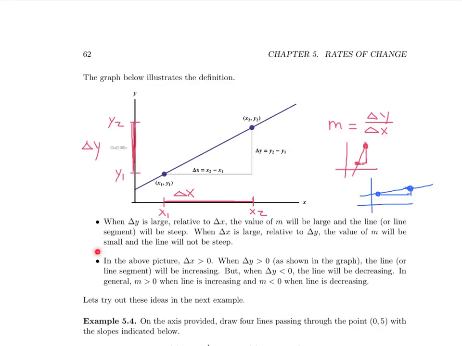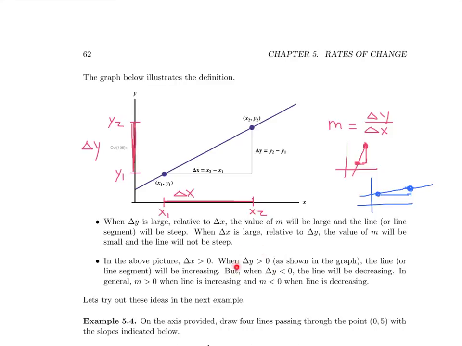Now let's look at the second bullet. In the picture above, we could see that delta x is positive. That's because delta x is calculated by taking x2 minus x1, and you can see from the graph that x2 is larger than x1. So delta x is a positive quantity.